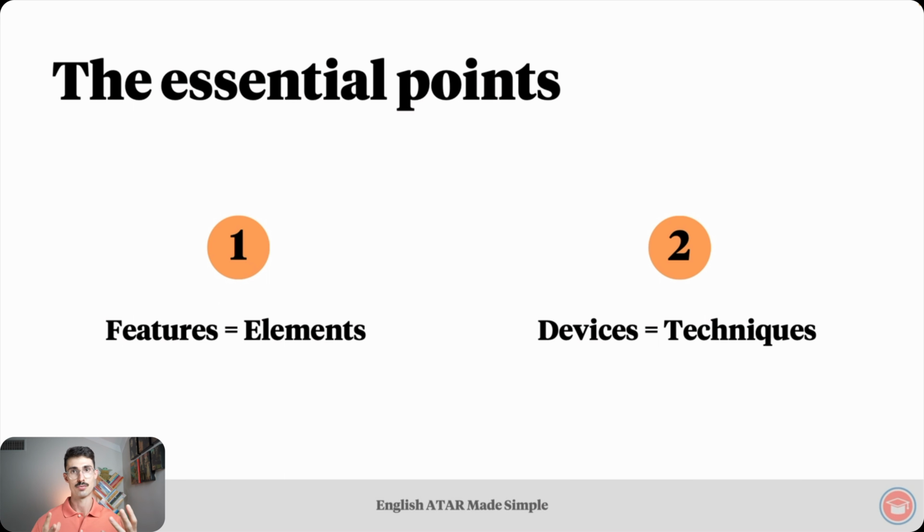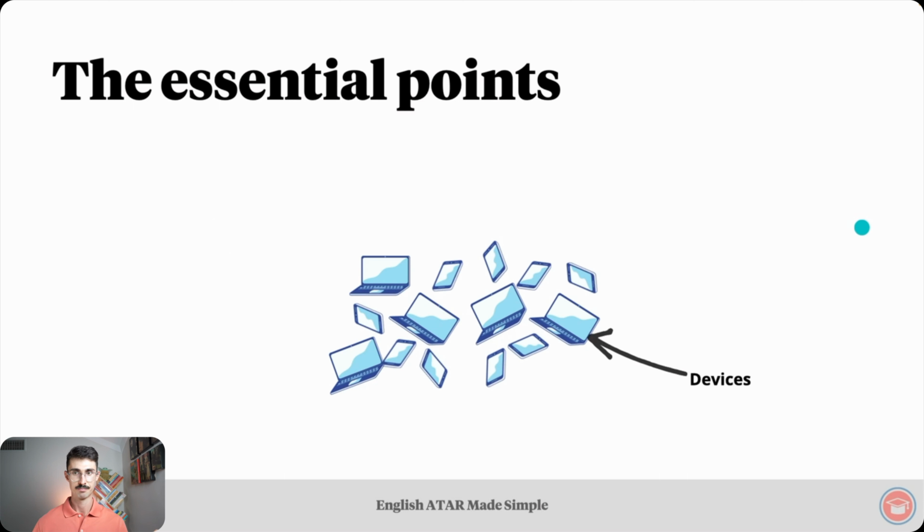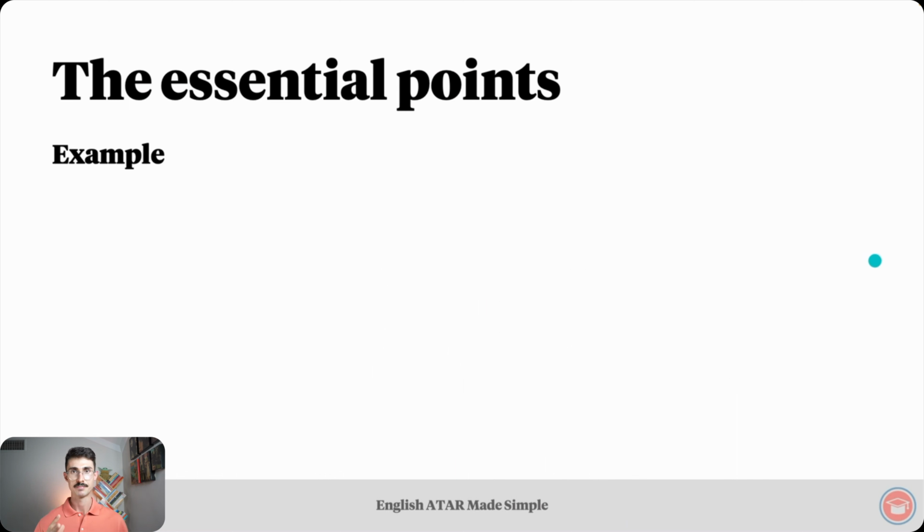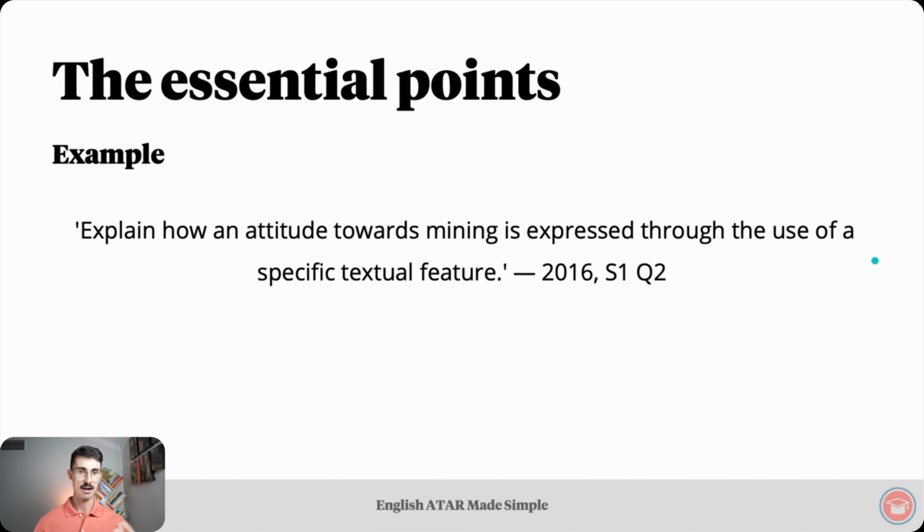Here's a bit of a visual representation of what we've just established. These are specific devices. Then those devices are categorized according to a feature, which is the umbrella term. That might sound a little bit confusing, so let's go through an example. Explain how an attitude towards mining is expressed through the use of a specific textual feature.